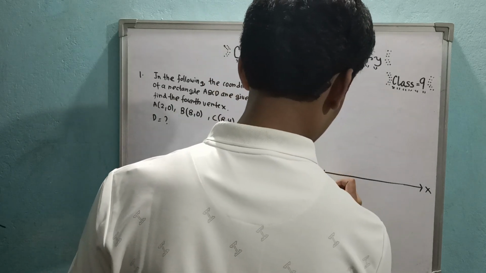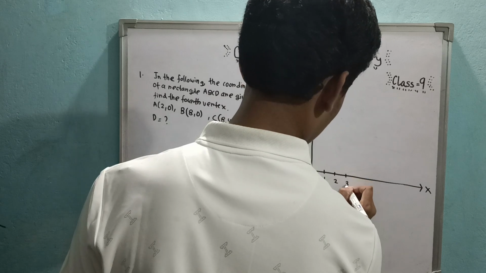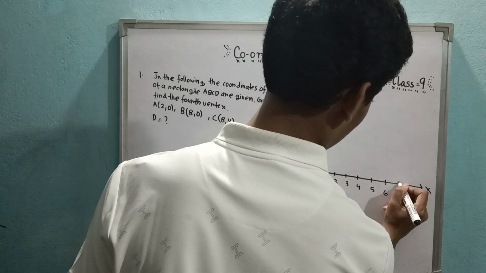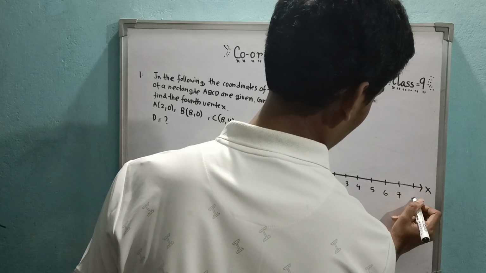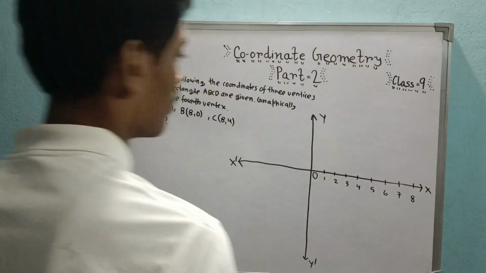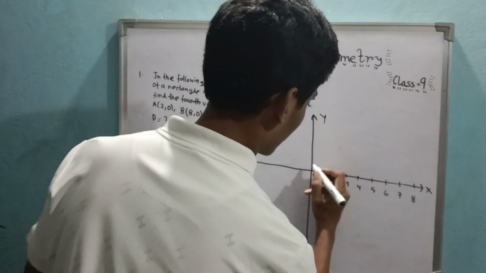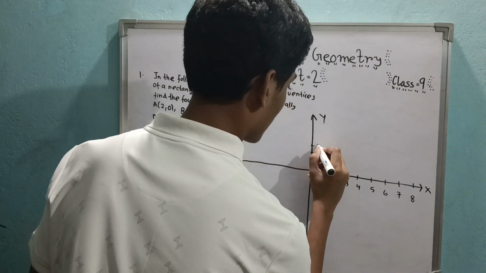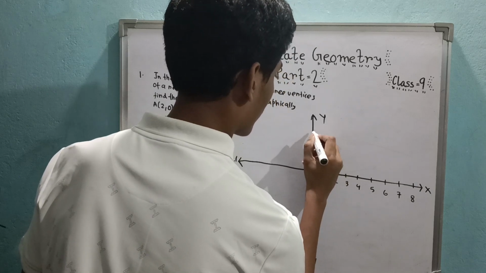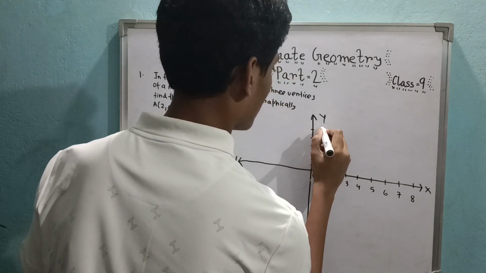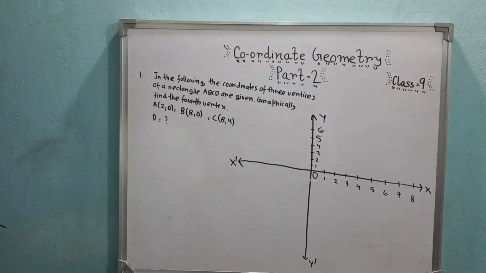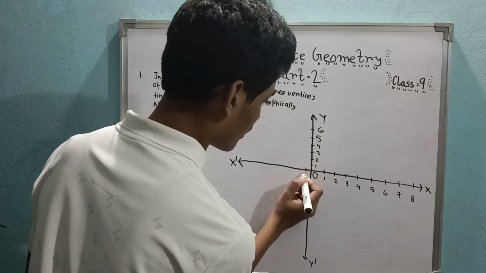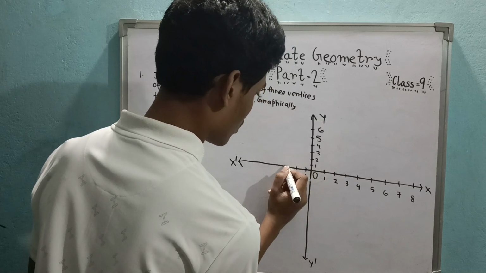Now on the x-axis, mark the points 2, 4, 5, 6, 7, 8, suppose. And on the upper side as well, 1, 2, 3, 4, 5. Let it be up to 6.